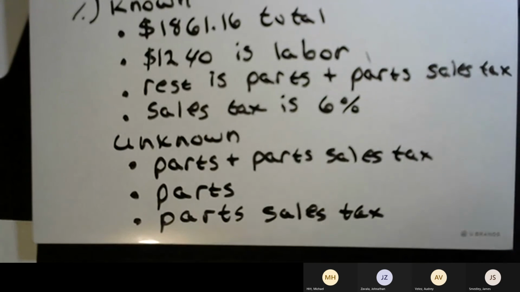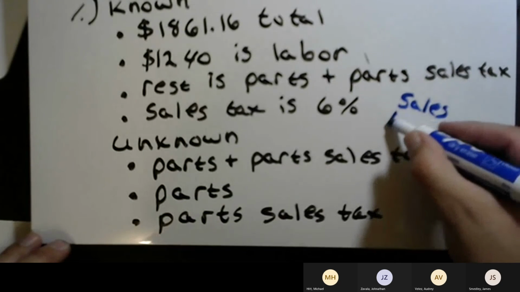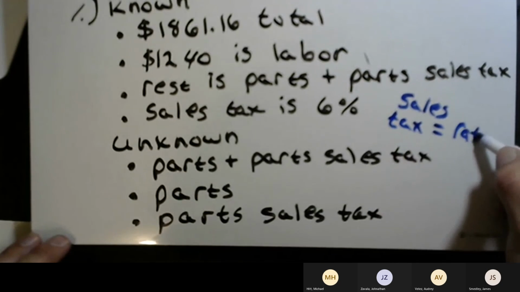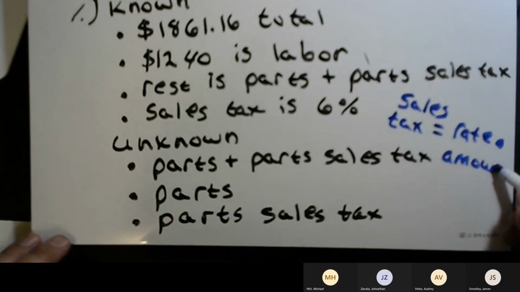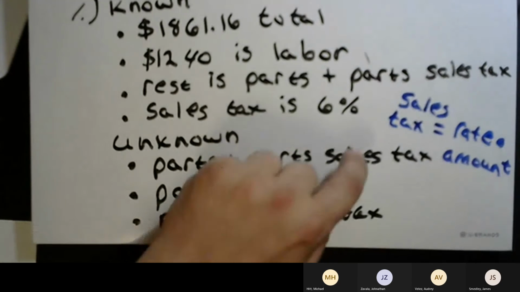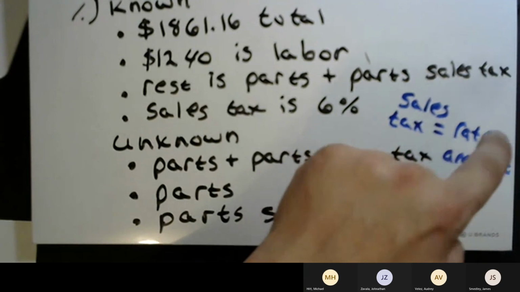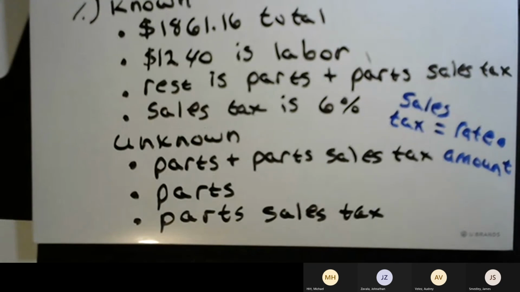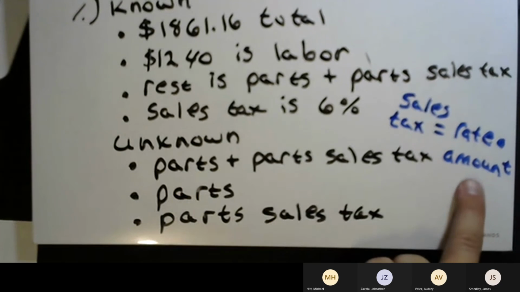Now, this is where this problem's kind of special. Sales tax, I have to bring in a little outside science. Sales tax equals the rate times the amount. Sales tax is the tax rate, as a decimal, not as a percent, times the amount. So if we know how much was spent on parts, that's going to be the amount.